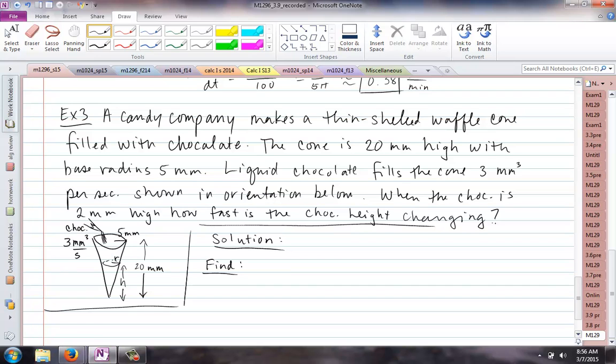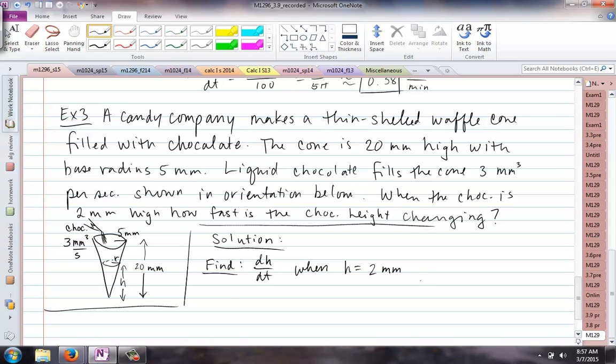How fast is a rate, meaning a derivative with respect to time, of the chocolate height changing, so we're looking for dH over dt. And then, a little weird, we write "when" and then a dimension that's given: the chocolate is 2 millimeters high, so when h is 2 millimeters.